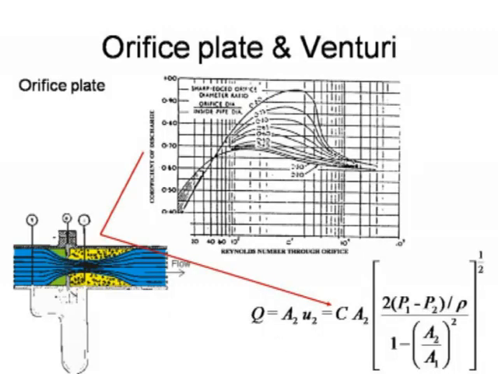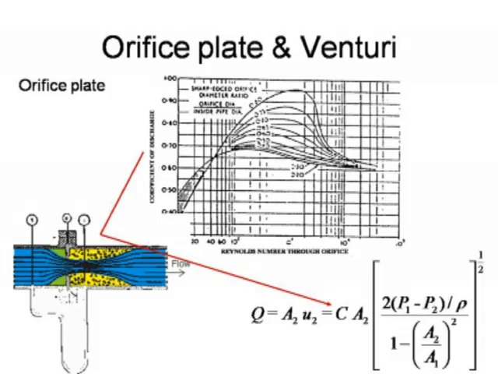So the last thing to consider is this discharge coefficient, which its name gives it away really. It's a coefficient, it's not a constant, and that coefficient depends on the Reynolds number through the orifice and also the design.